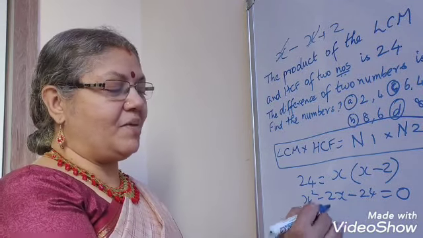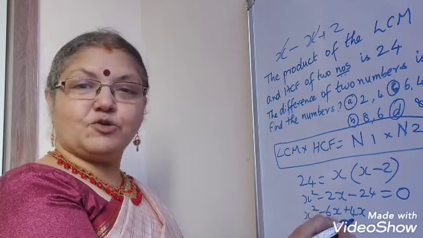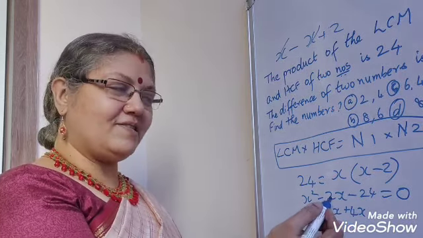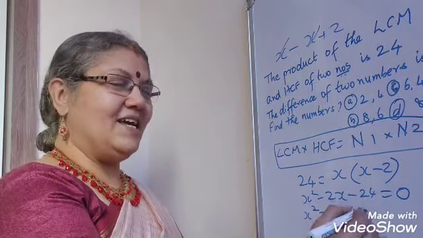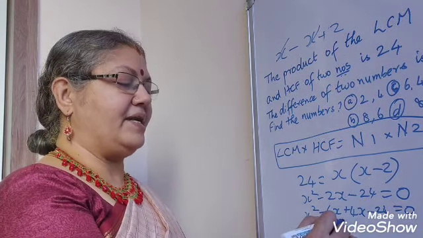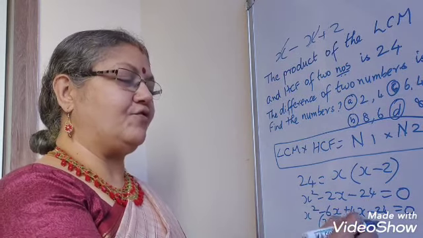So x square minus 6x plus 4x. Minus 6 into plus 4 is minus 24, and minus 6x plus 4x is minus 2x. So minus 24 is equal to 0, and it will be x minus 6 in brackets into x plus 4.